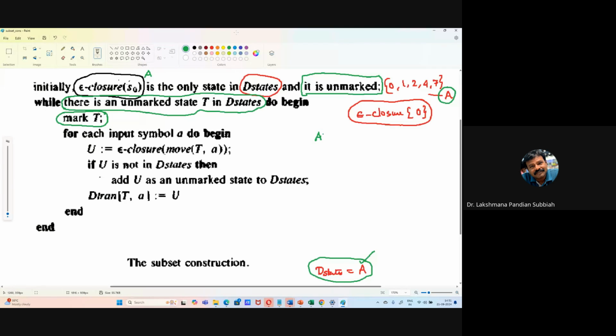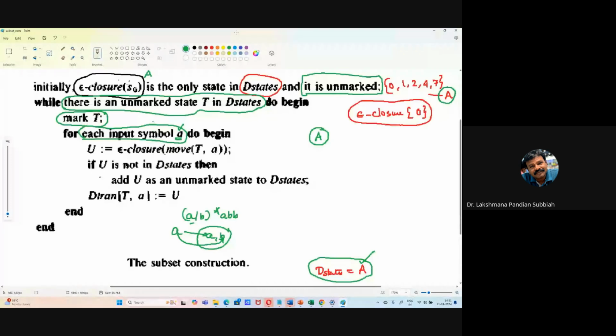Now what we have to do is, from A, for each input symbol. The input symbols here are a or b in the expression (a|b)*abb. Only two input symbols, a or b. Here the name a is a variable; it may be either a or b, so you have to consider all input symbols.